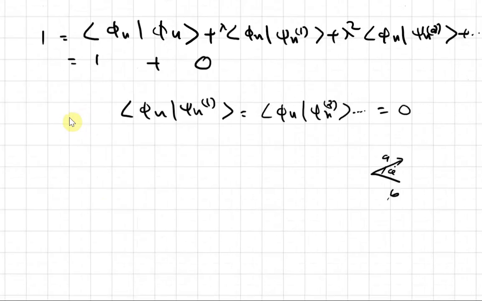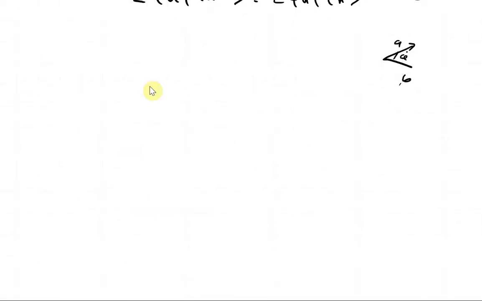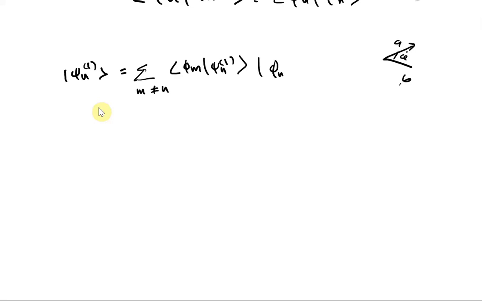So what we found out is psi n 1 is equal to sigma over m not equal to n of phi m psi n 1 into phi m.